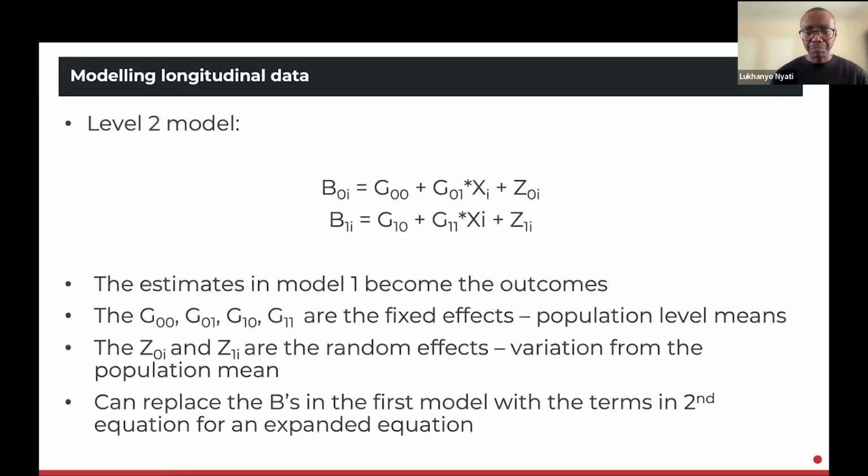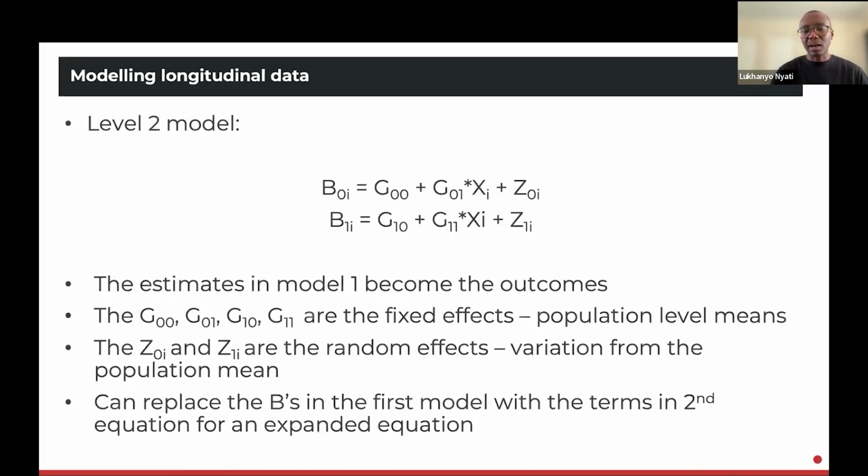They first estimate what the average, or what the estimates are, at a population level. So what is the average growth over time? What is the average BMI over time? So that's a population level estimate. It does not account for the individual variations.